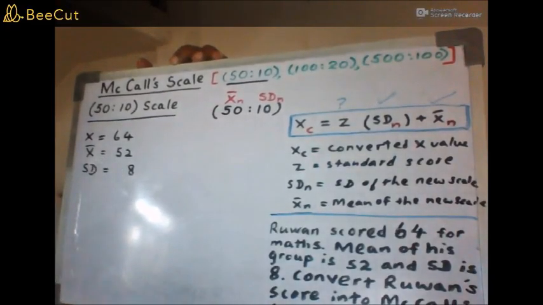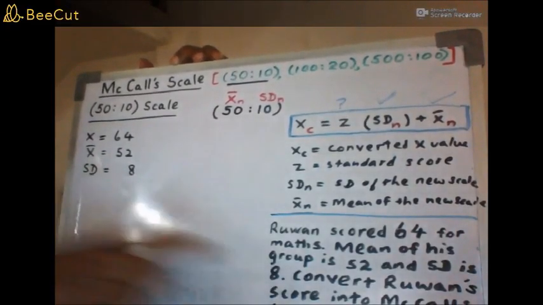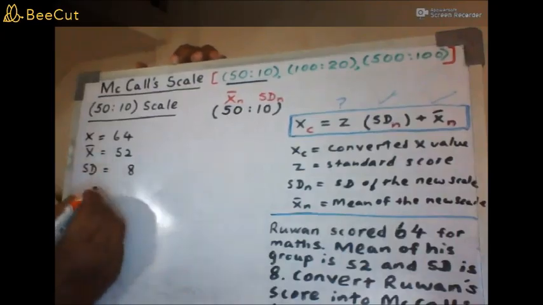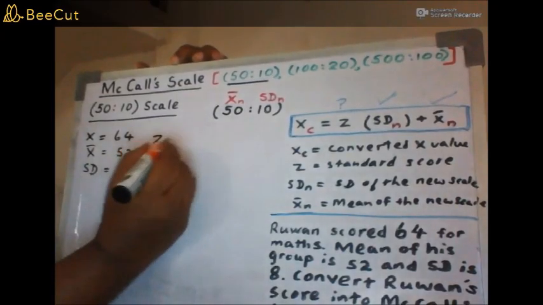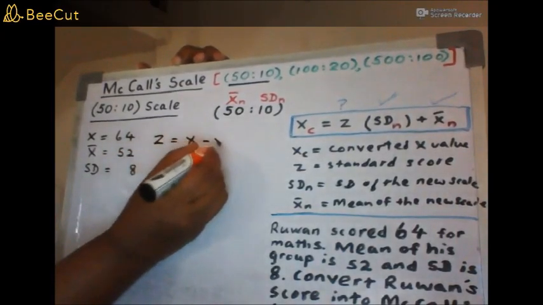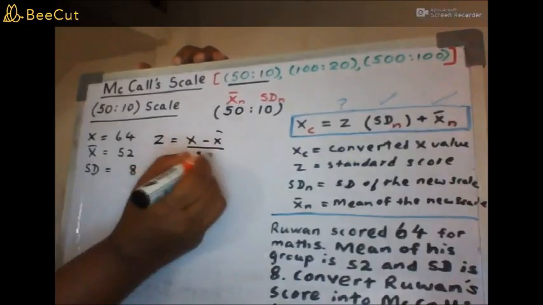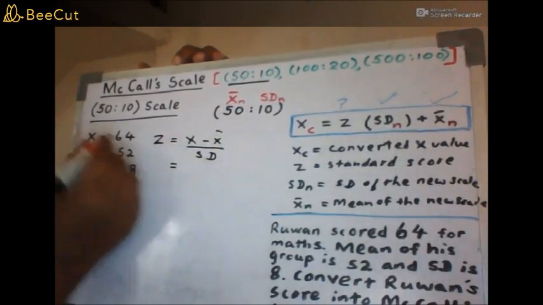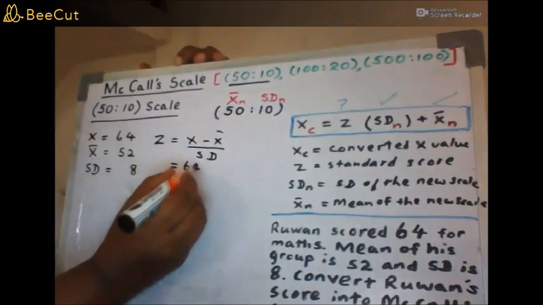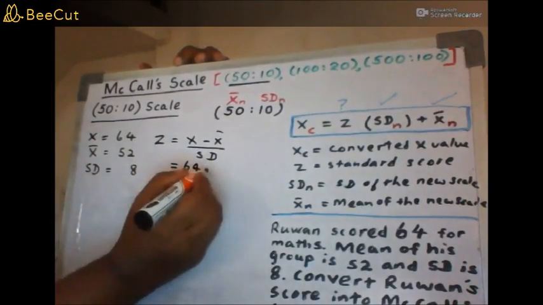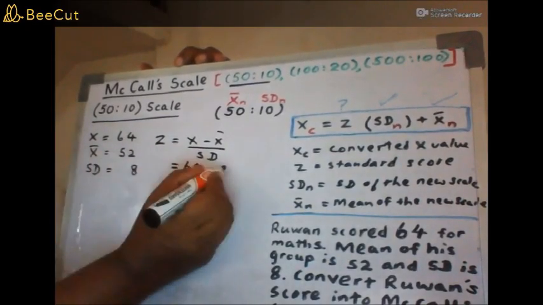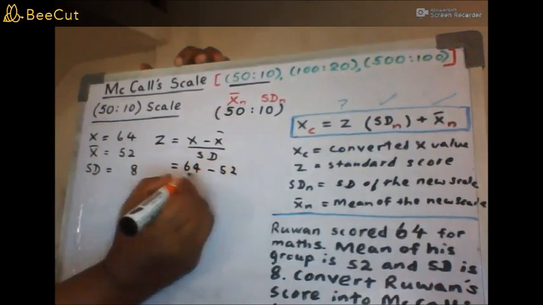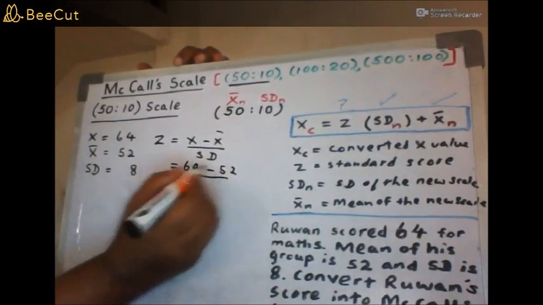What's the formula? This information is given here. We can find z. Z equals x minus x bar divided by SD. So x is 64, it's given, minus x bar, which is 52, divided by SD, which is 8.